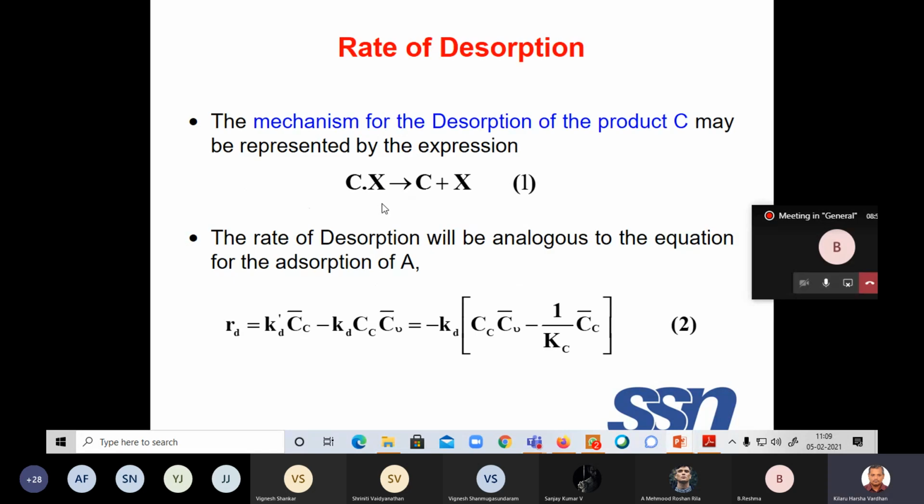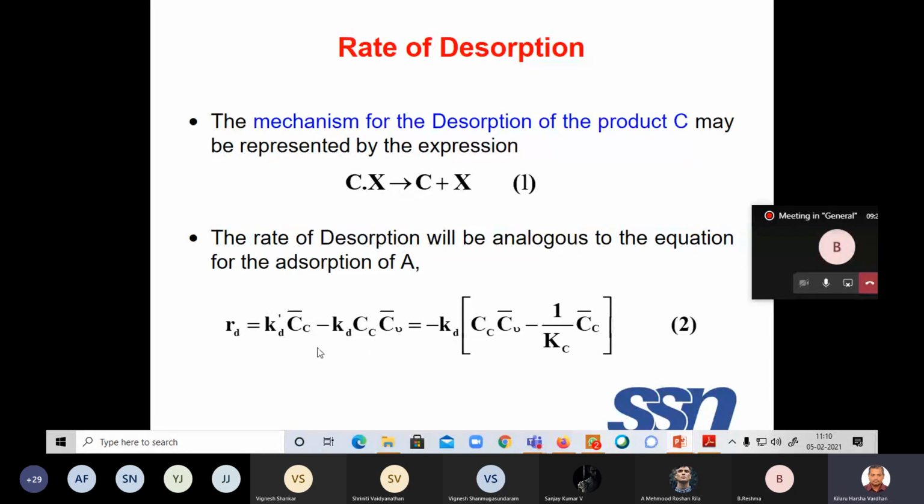So the rate of desorption is also like that, C dot X, because this is the product which is formed. Now it should be desorbed to C, that is the product, into the active site, whatever is there. If you go with the same thing, again the net rate of desorption will be the forward reaction minus the reverse reaction. So you can write like this.